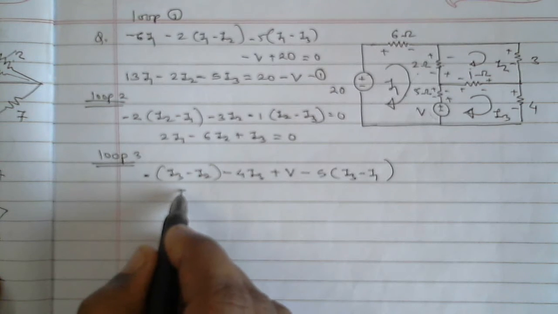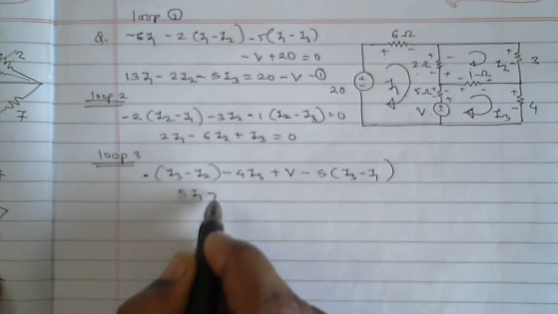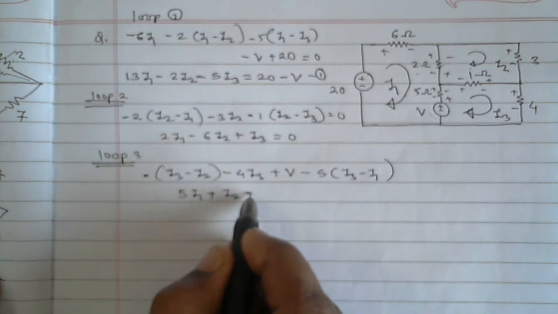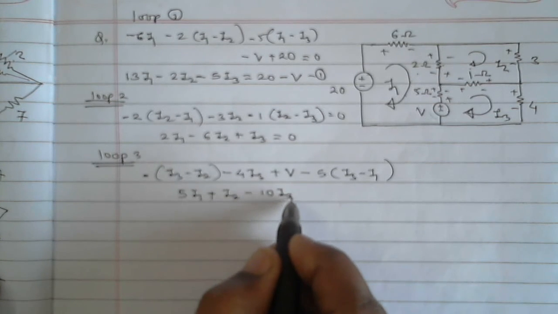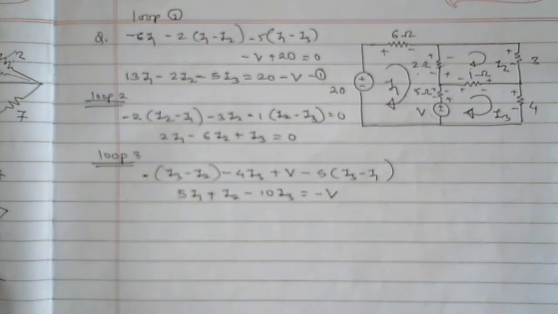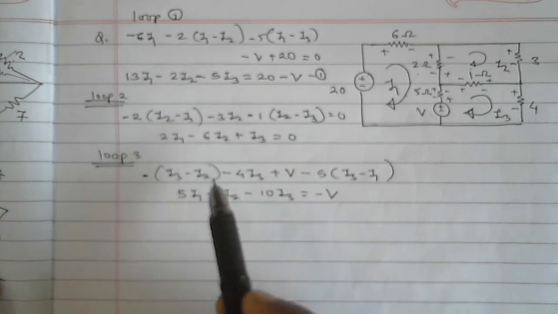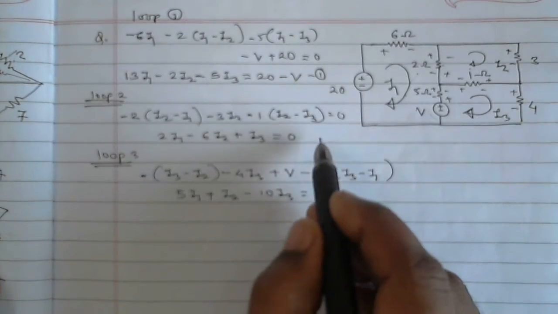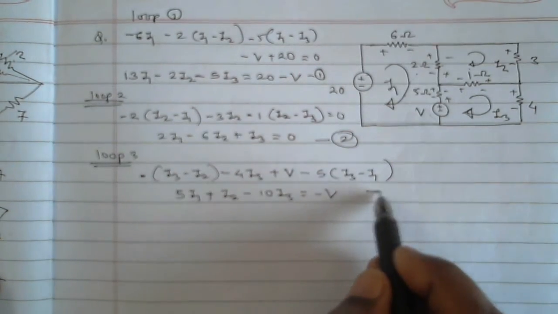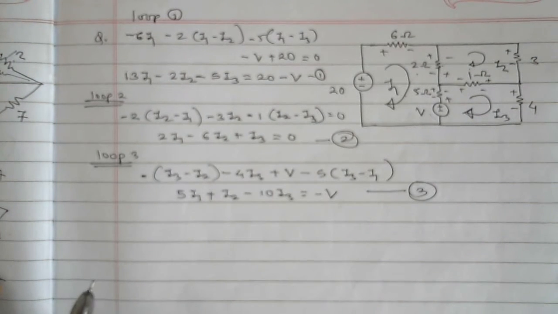When you solve it, you will get 5 I1 plus I2 minus 10 I3 equal to minus V. Now here there are three unknowns, I1, I2, I3. This is the second equation, this is the third equation.